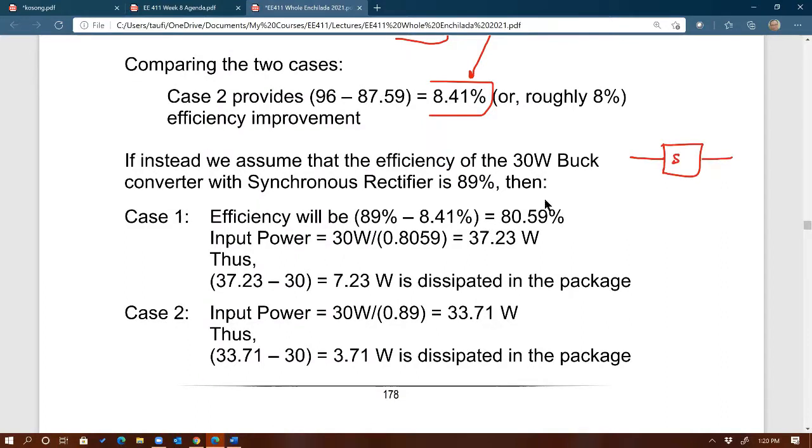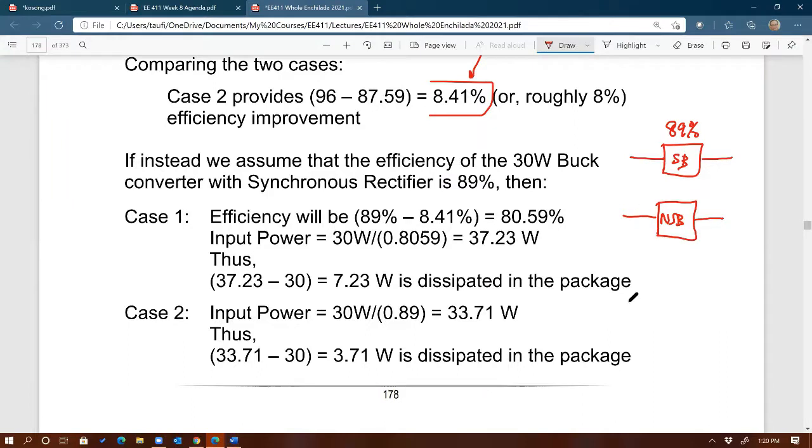This is the synchronous buck, and the next one is the non-synchronous buck. Let's say that the efficiency of the first one with synchronous rectifier is 89%. And then case number one is actually the non-synchronous case right there. That's case number one.